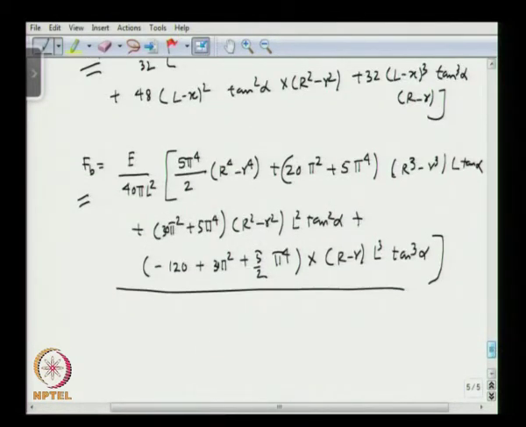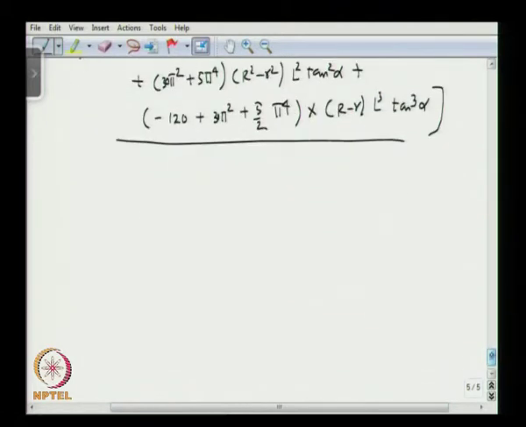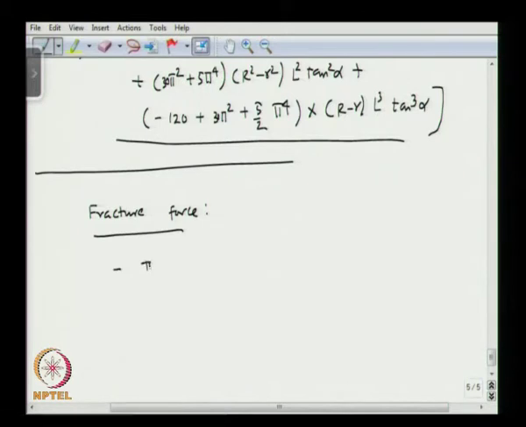Now, the fracture force. You can write down the expression for fracture force for a hollow tapered needle. The fracture force is derived from the thin shell model, meaning the tip radius is greater than 10 times the wall thickness.